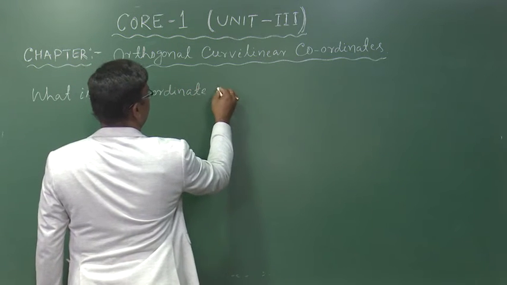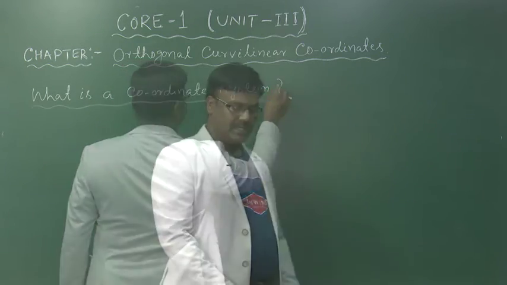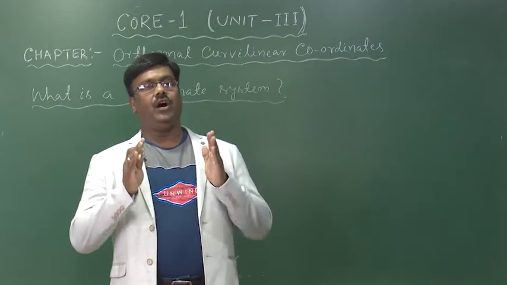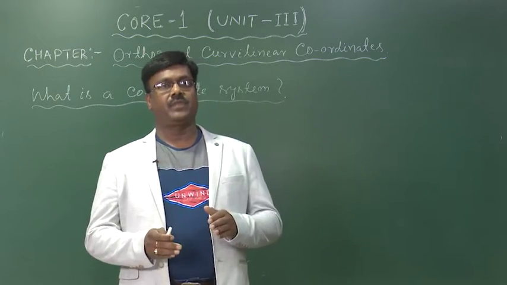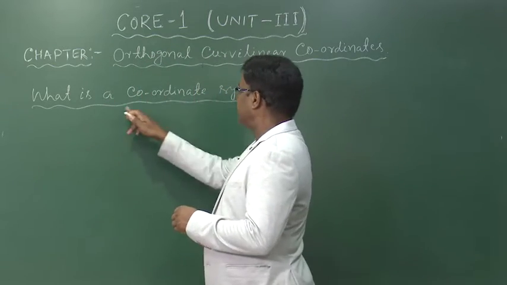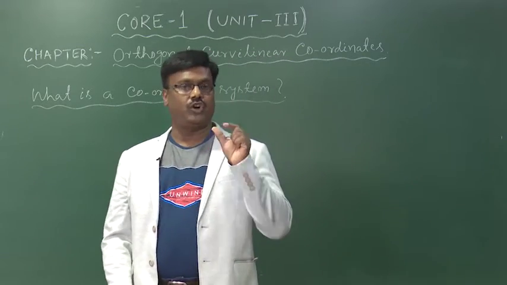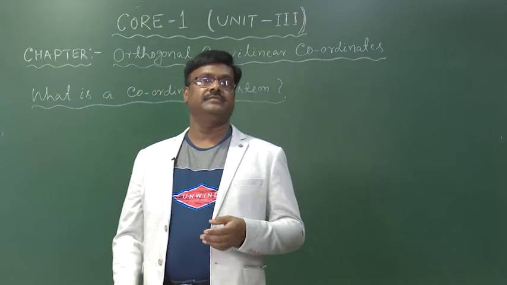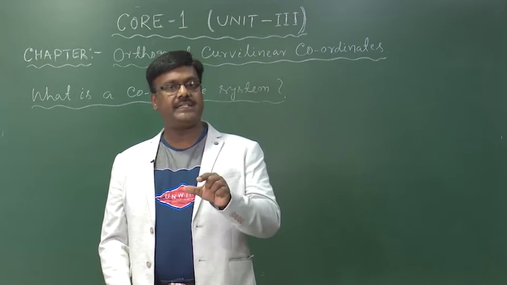What is a coordinate system? System means a combination of a number of coordinates. So what is a coordinate system? It is a system consisting of various coordinates with respect to an origin to represent a point.